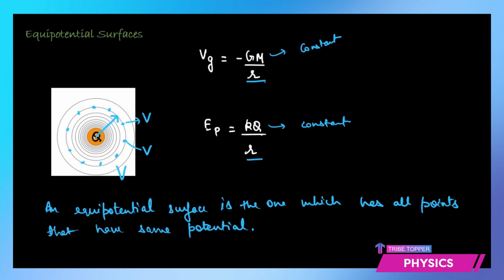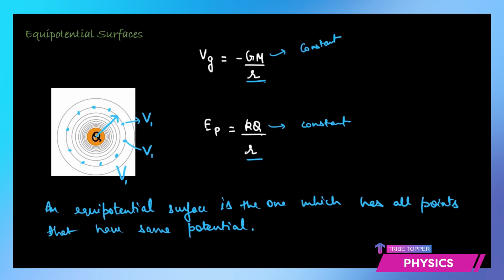The word equipotential obviously tells you the equal potential. So all the points on that surface will be equipotential, and they have the same potential because they are at the same distance. So all the points that are equidistant from the mass or the charge which is producing that potential, that surface is equipotential. So these points will have one potential, all of them will have V1, V1, V1.